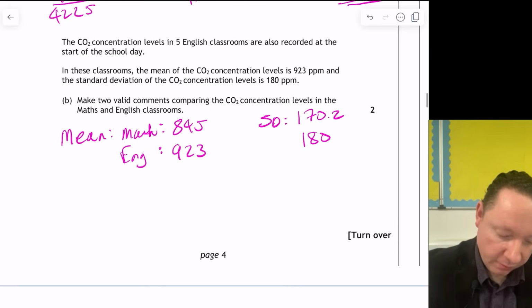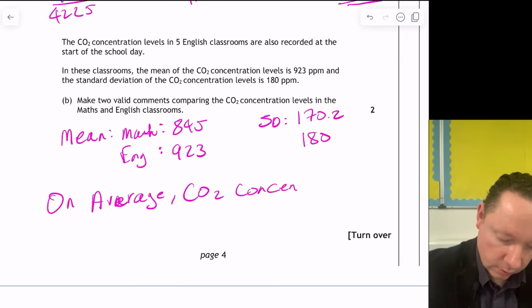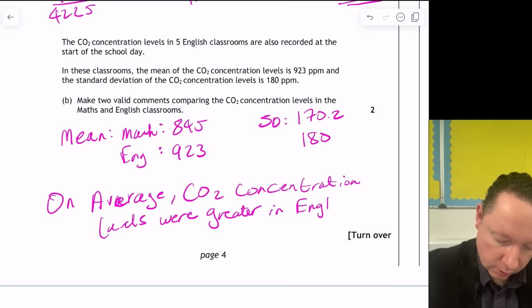So let's compare the mean first. On average, that's always the statement, average. And it's talking about the CO2 concentration levels. On average, CO2 concentration levels were greater in English rooms, and that's because 923 is bigger than 845.